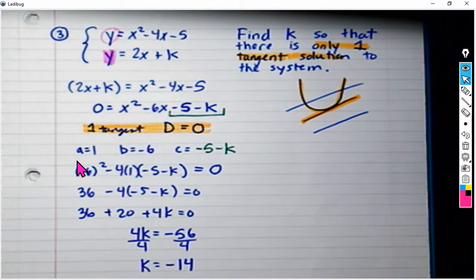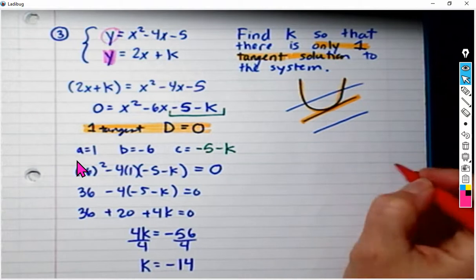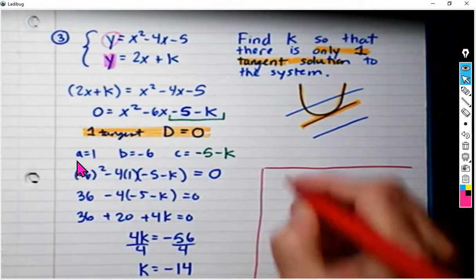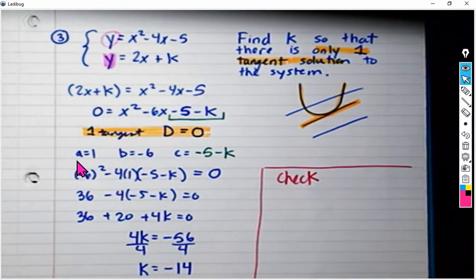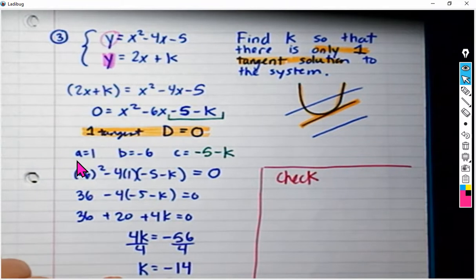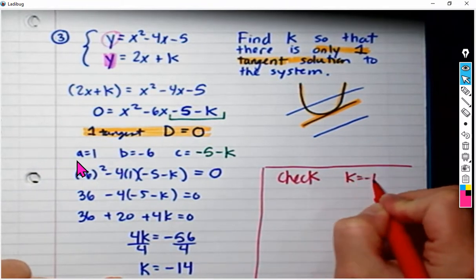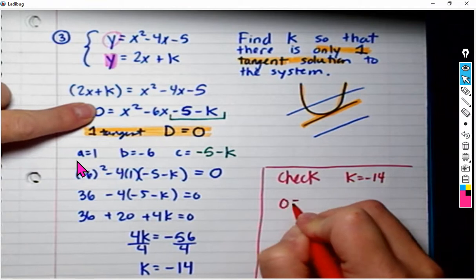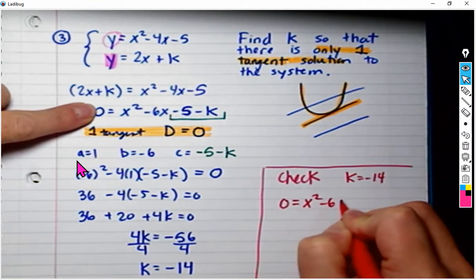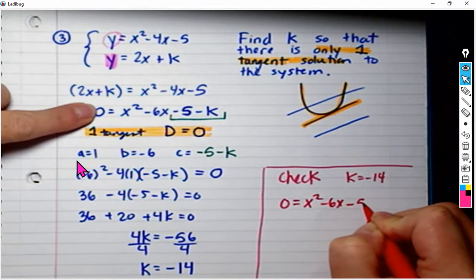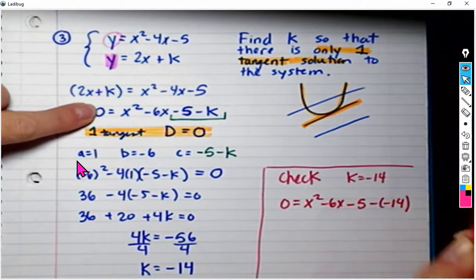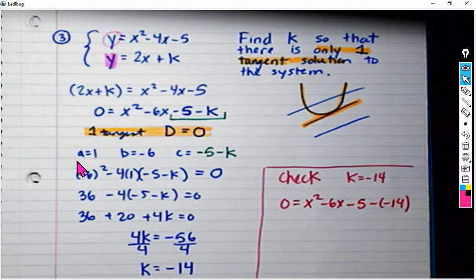Let's say you're not really sure what we just did. So I'm going to go back and check my work. 0 equals, I'm going to plug in -14, and then I'm going to actually finish solving it to see if I get one double solution.